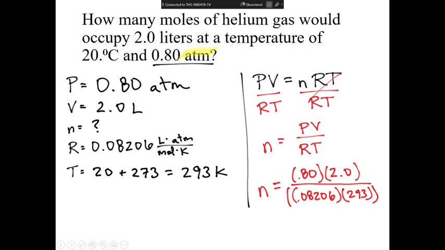And then we just calculate it. Okay, 0.06654. I'm looking at what's given. Looks like they were giving me mostly 2 sig figs. So to keep a reasonable number of sig figs, I'll call it 0.067 moles.